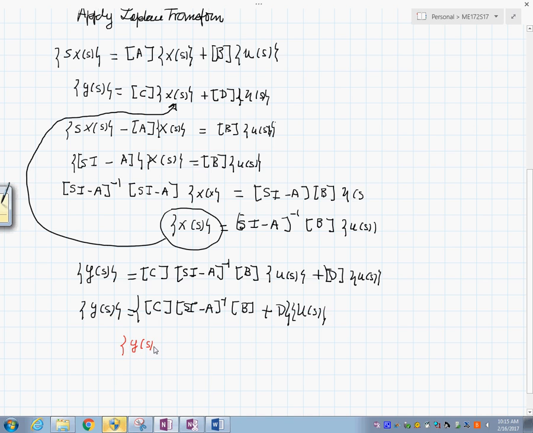The y of s over the vector u of s is equal to the matrix C times the matrix (sI minus A) inverse, then B, plus D. Wow, this is the set of transfer functions.